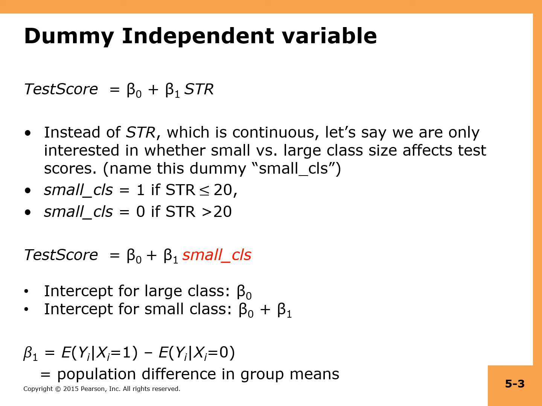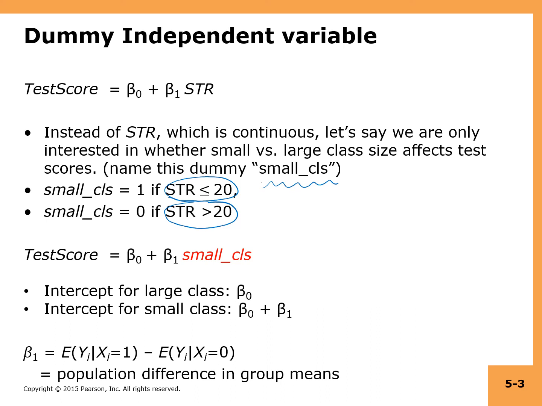So we're going to define small class as the student-teacher ratio being less than or equal to 20, whereas large class is a student-teacher ratio greater than 20. We're going to call this dummy variable small_CLS. So now your new regression model looks like this: the test score is equal to beta 0 plus beta 1 times this small class dummy variable.